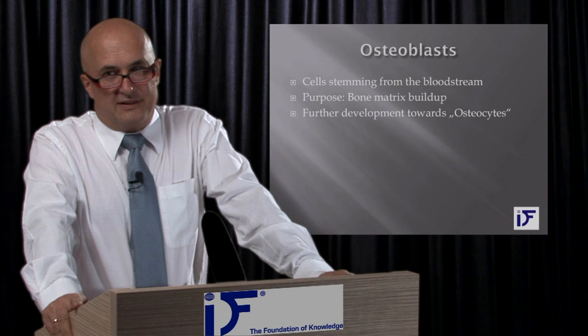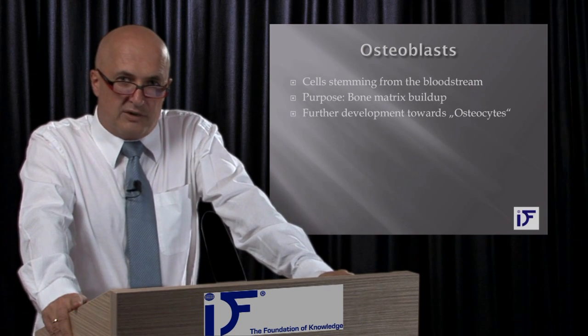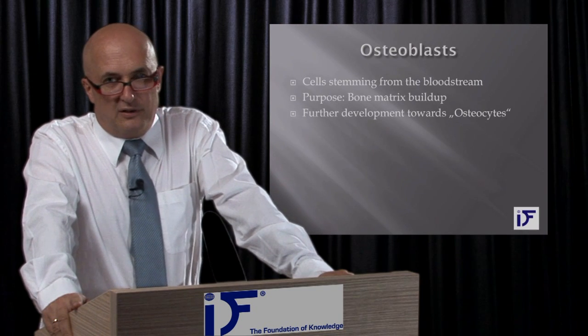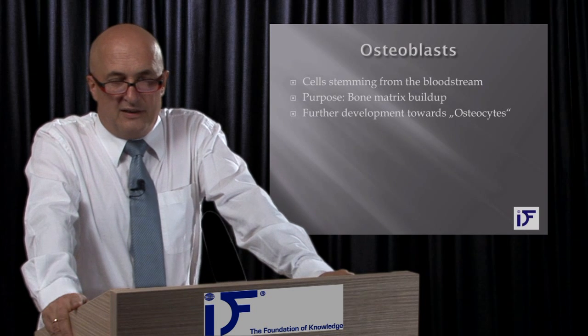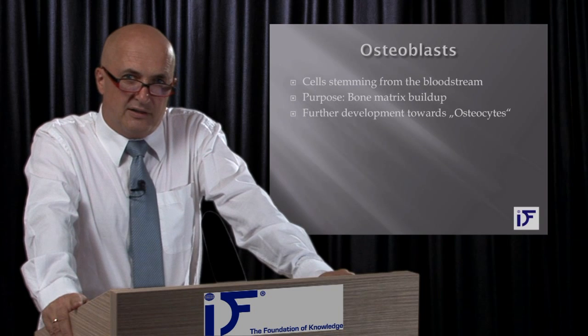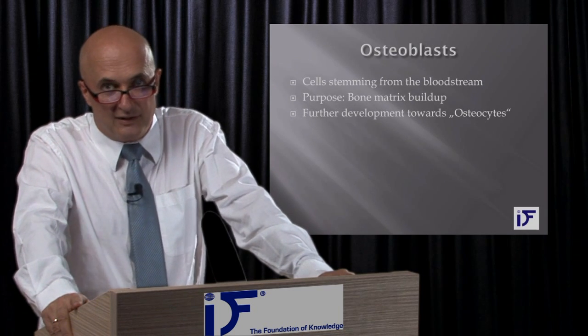It is important to understand this because we are doing bone augmentations, we are transplanting bone, and we are assuming while we are doing this that we are transplanting live osteoblasts, and that those osteoblasts are going to produce new bone, or they are going to stay at least.